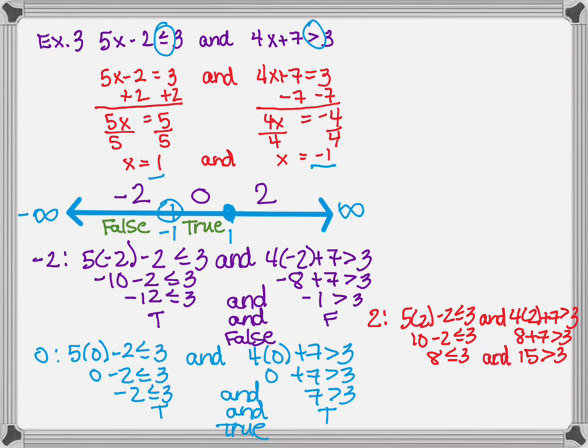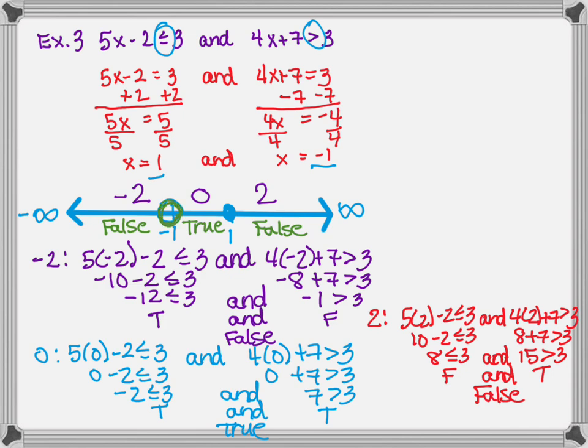Okay, there's an and in between them. 8 is not less than or equal to 3, so that is false. 15 is greater than 3, so that is true. We have at least one false statement in this and, so this and is false, and I will write false up here on the interval where we got the 2 test value.